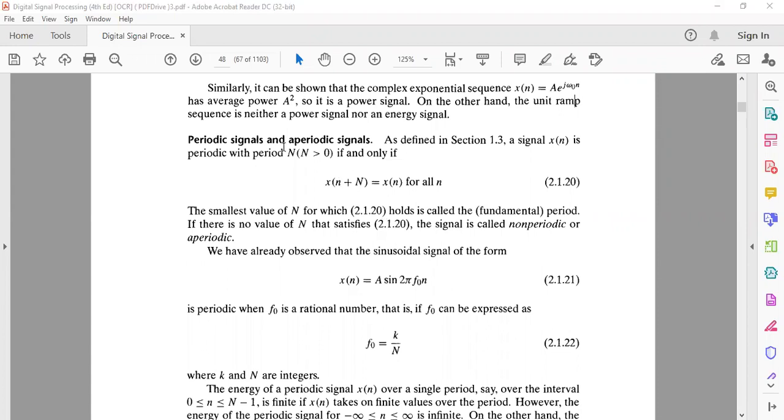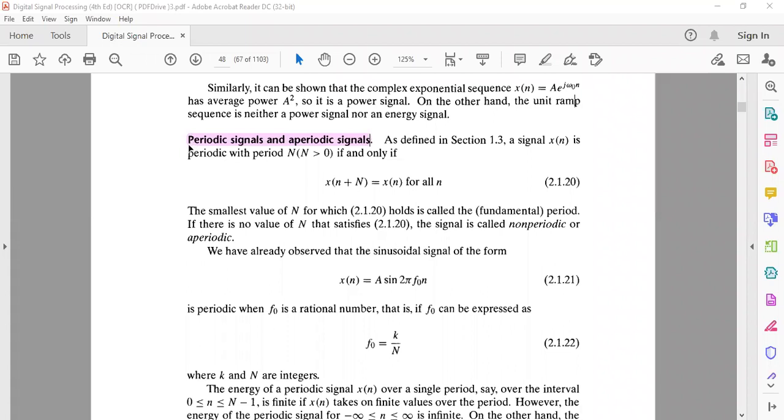Periodic signals and aperiodic signals. This is the next class of signals that we are looking at.